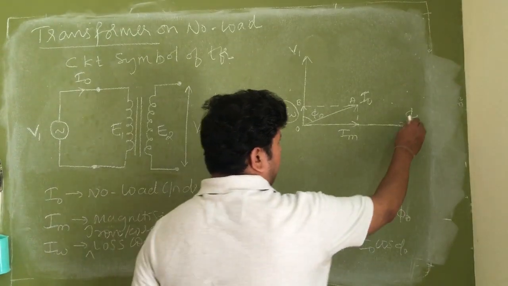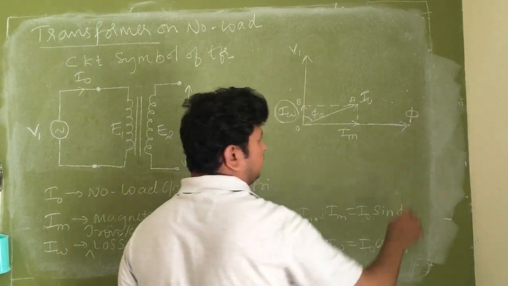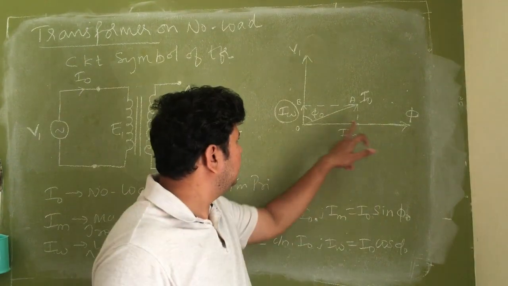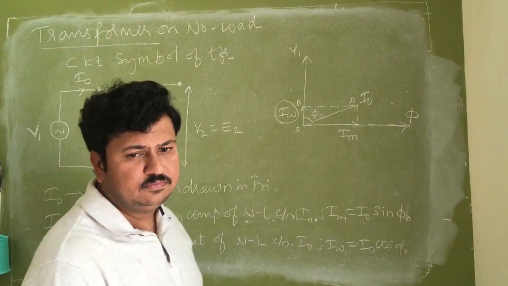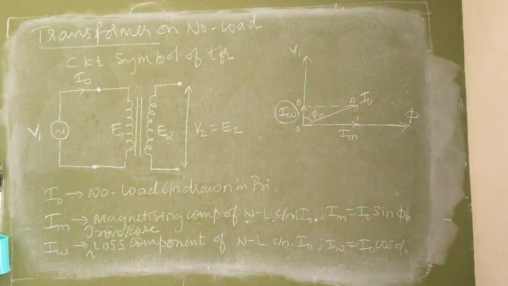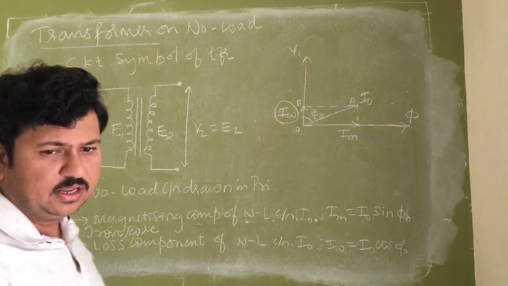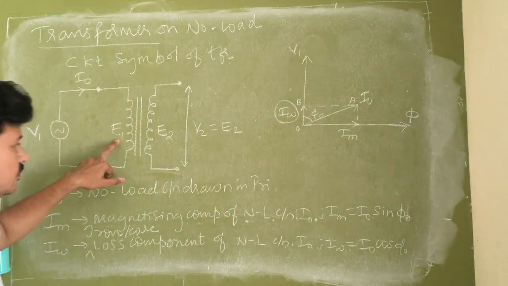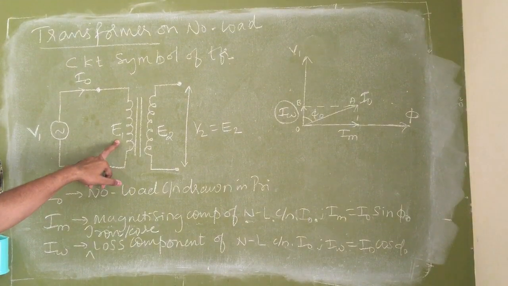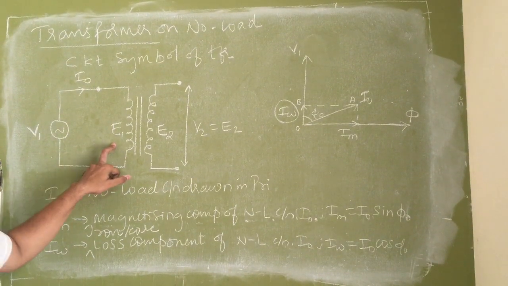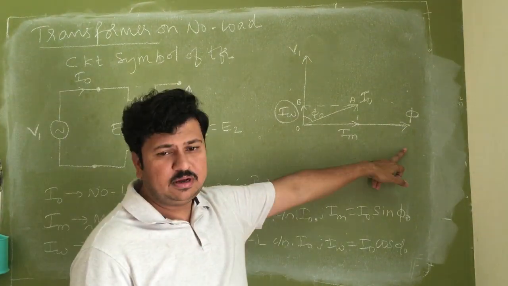One thing I can observe is that the flux produced by any voltage will lag behind that voltage by an angle of 90 degrees. It is true in any system. And the self-induced EMF E1 always lags behind the flux produced by 90 degrees.